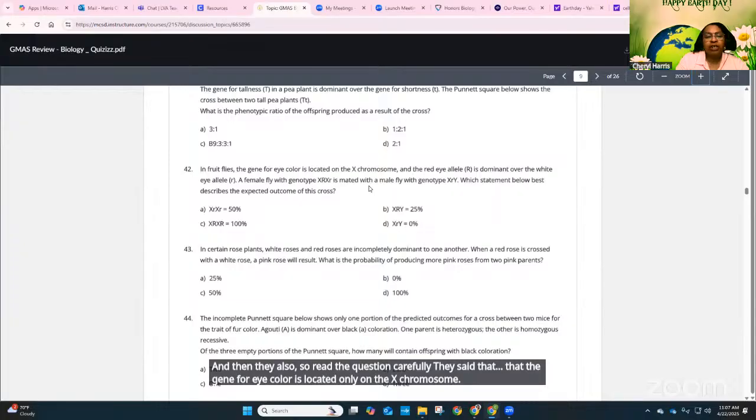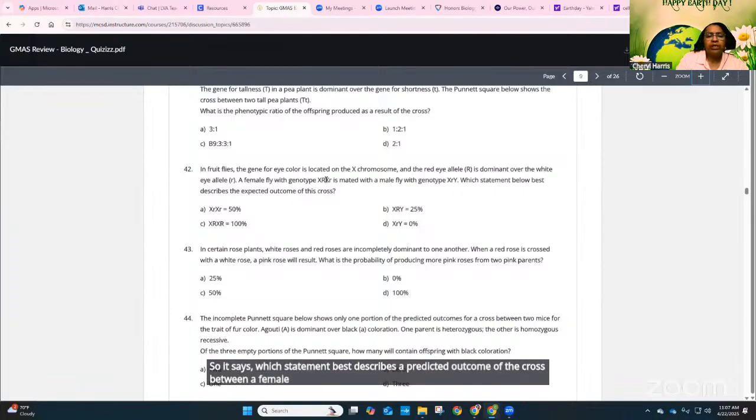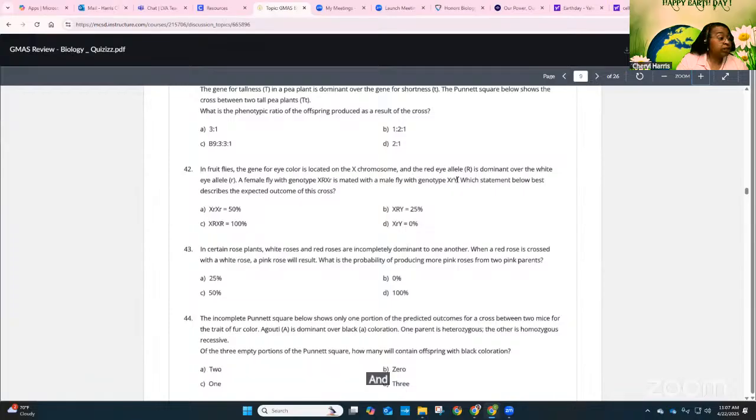So it says, which statement best describes the predicted outcome of the cross between a female who is X capital R, X lowercase r, and then they are mated with X small r and Y, and there's no R with that Y because it's only found on the X chromosome.